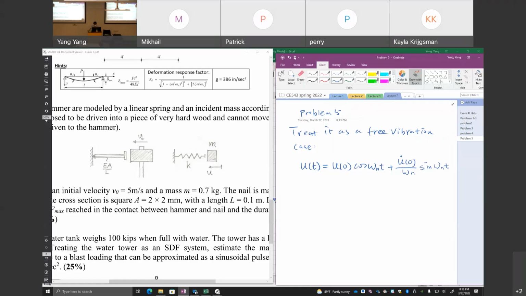Here we need to answer what is the initial displacement of this system.